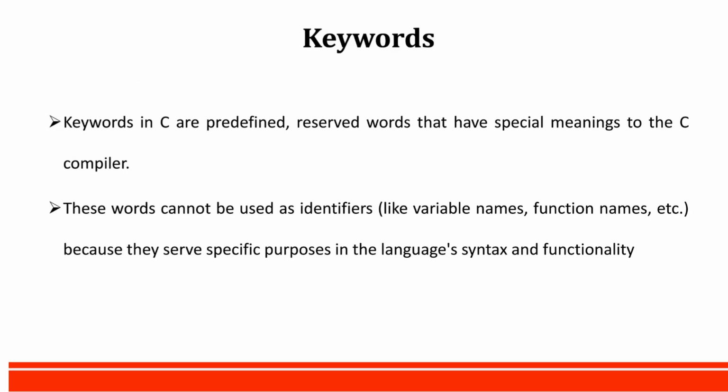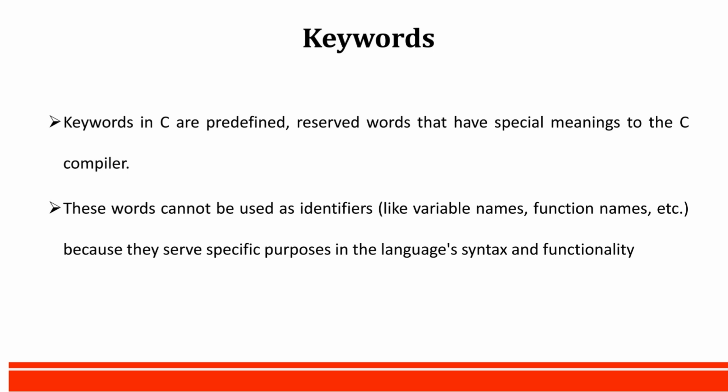Keywords. Keywords in C are predefined, reserved words that have special meaning to the C compiler. They are an integral part of the language syntax and cannot be used as identifiers, for example, variable names or function names given by the programmer. All keywords in C are case sensitive and must be written in lowercase.